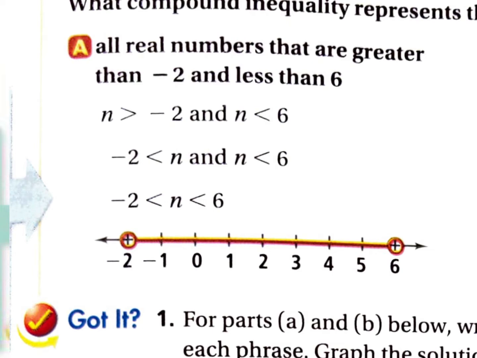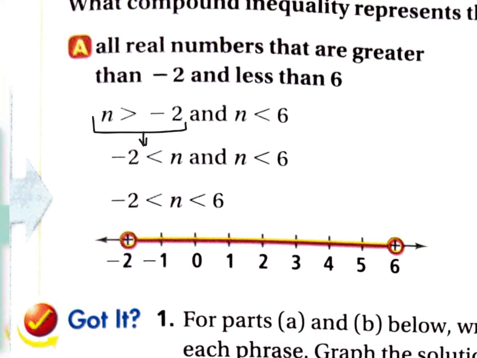And then we can think about what's happening here. What they did, this first one, they switched it around. If n is greater than -2, that means -2 is less than n. And then if you'll notice here, -2 is less than n, and n is less than 6.